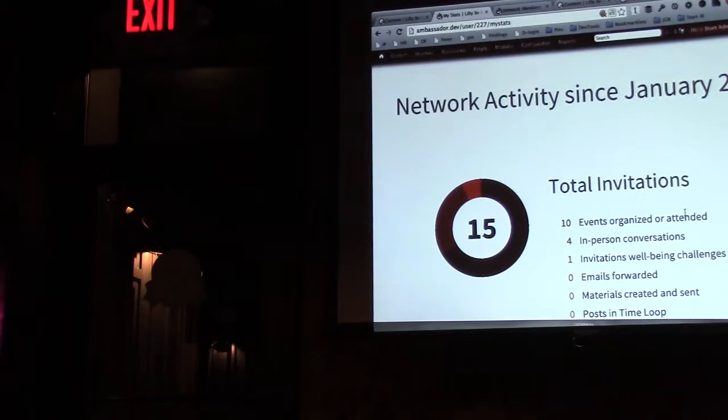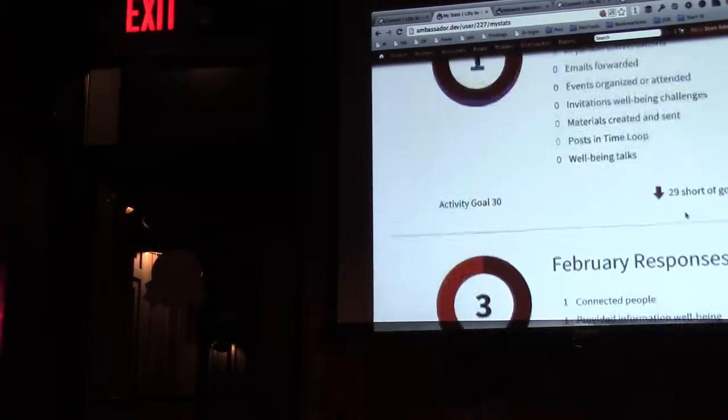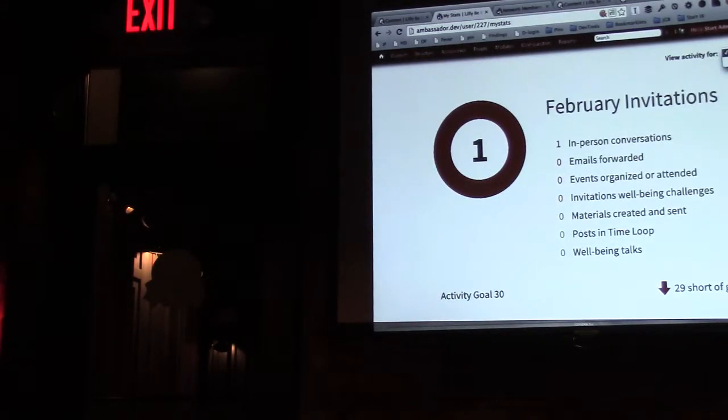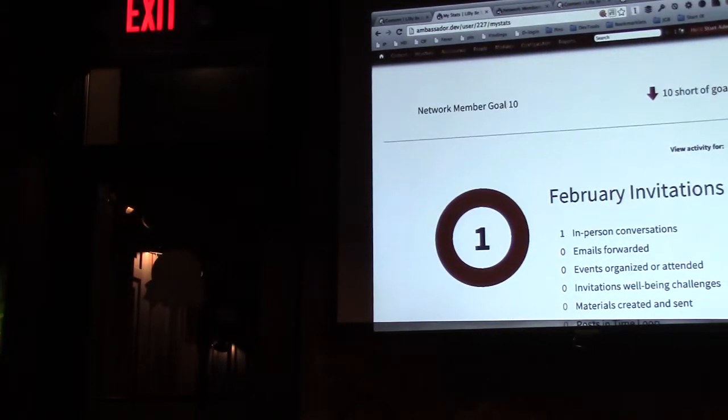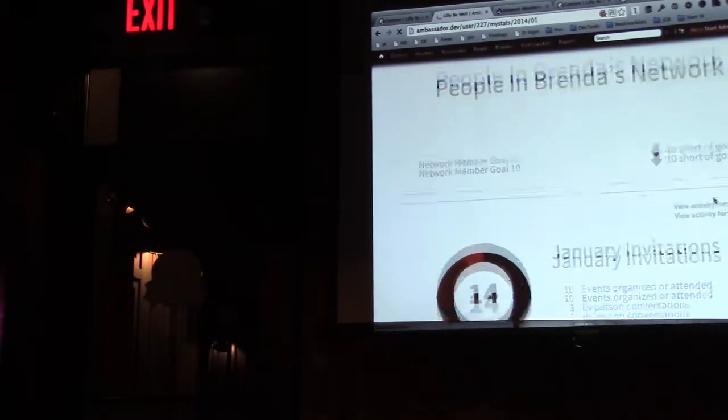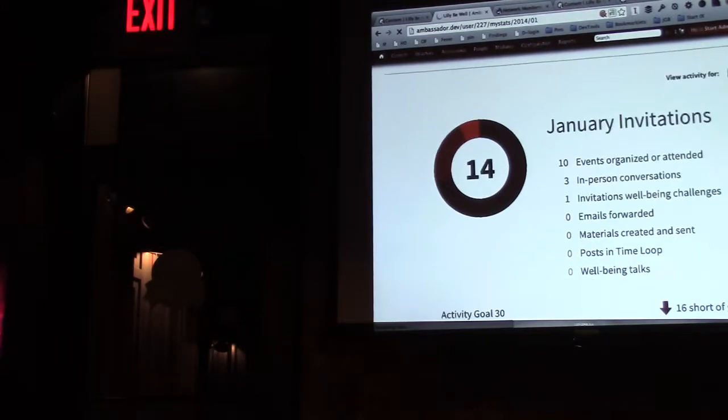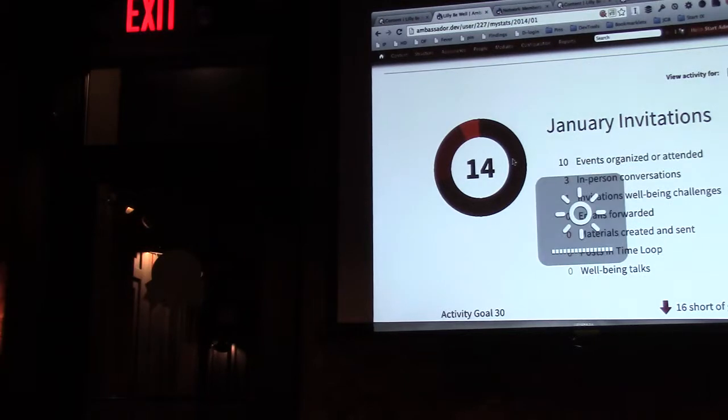Therein lies a big problem with data visualization, models versus reality. Here's one at least that can show if they have data for a month back. There's a nice little switcher here that pulls in the January information. So this donut shows a little better. It's hard to see the colors, but they're different gradations of red.